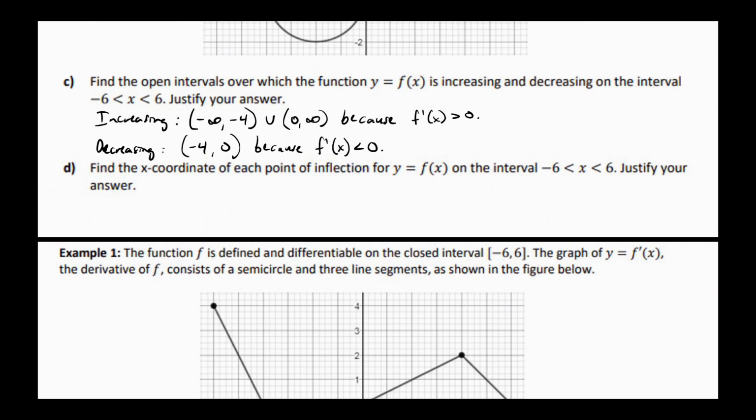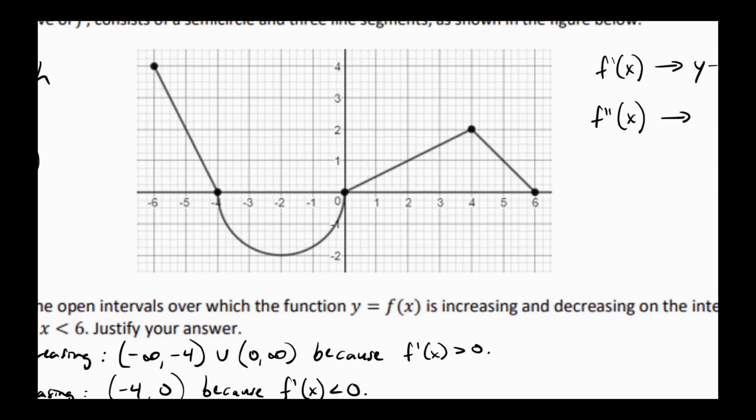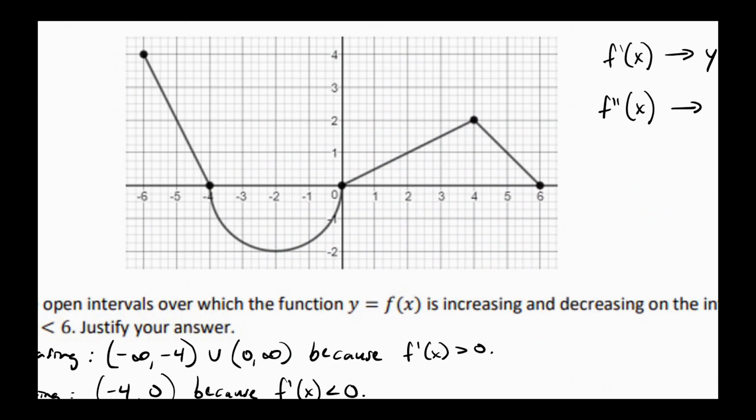So let's write that down. X equals -2. The derivative of the derivative is 0. Where else would that be true? Is the derivative here 0?